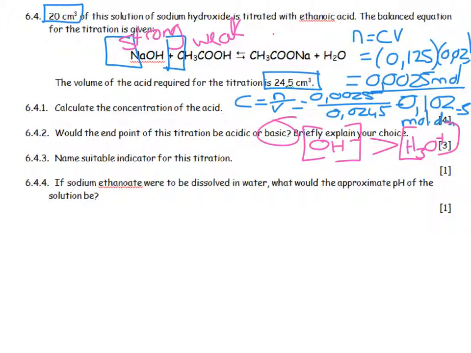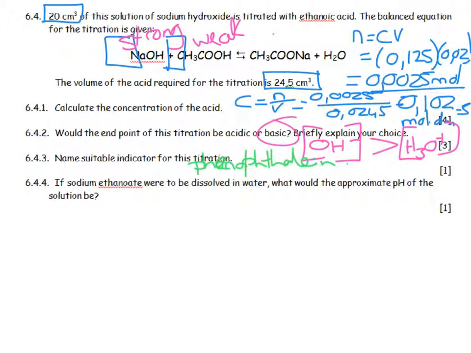Name a suitable indicator for this. You are expected to have a vague clue of 3 indicators at least, so phenolphthalein is a good indicator with an endpoint at around 8 or 9. If sodium ethanoate were to be dissolved in water, what would the approximate pH of the solution be?